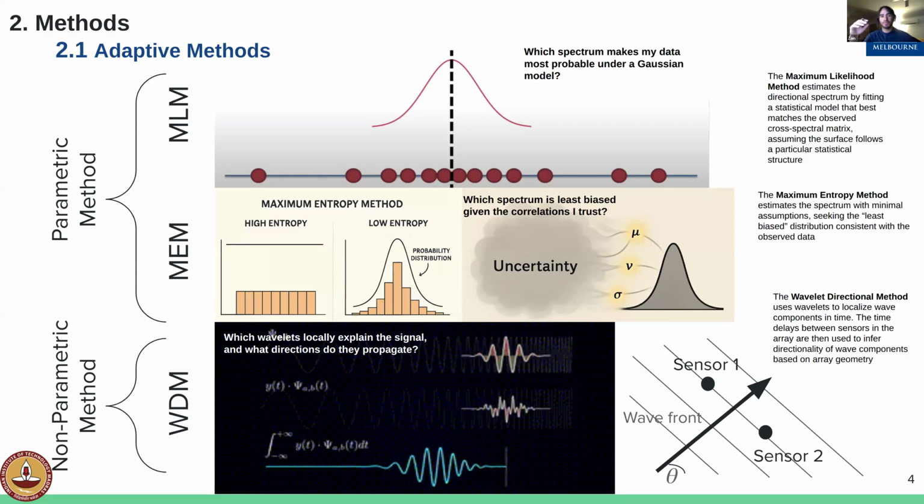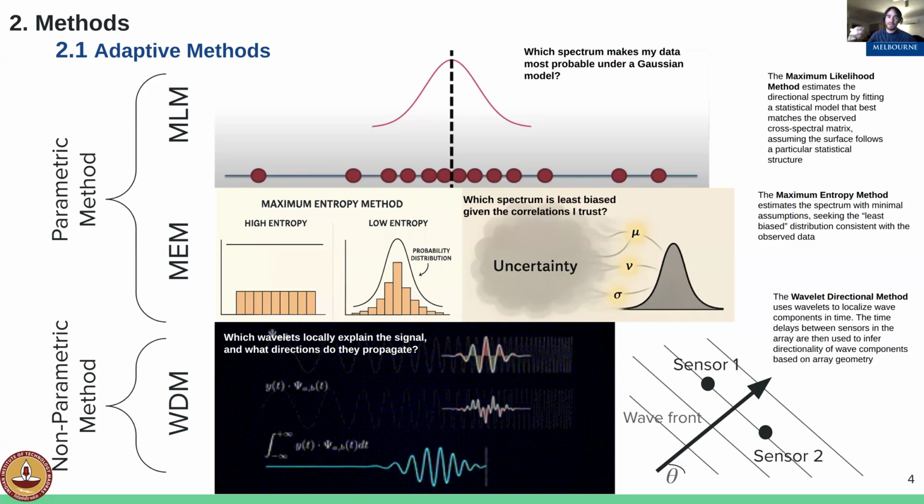For example, the maximum likelihood method estimates the directional wave spectrum by fitting a statistical model that best matches the observed data. Similarly, the maximum entropy method relies on a model, but instead of focusing on the likelihood, it seeks the spectrum that maximizes the entropy, that is, the least biased distribution that still satisfies the data constraints.